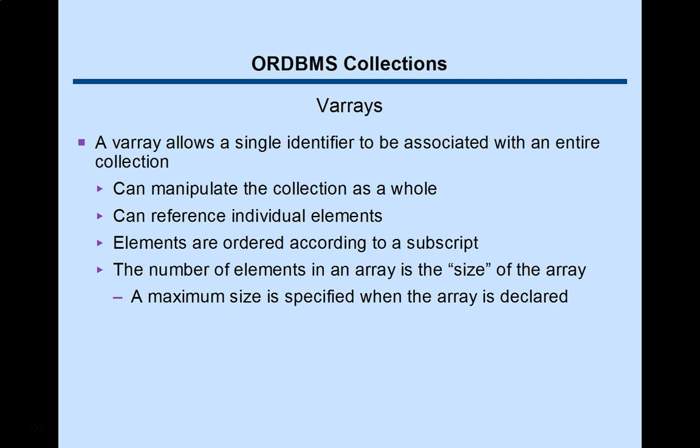We also can reference individual objects, and this is done by using a subscript notation. In fact, the elements are ordered according to a subscript or index value. The number of elements in an array determines what we call the size of the array. When a V-array is created, we specify an upper bound, or the maximum size.